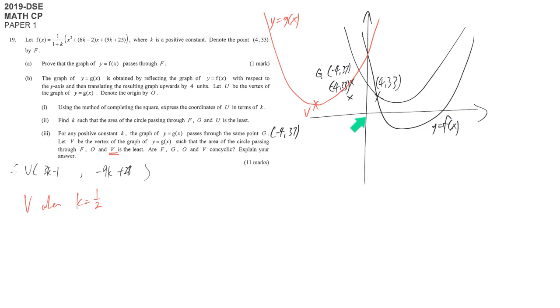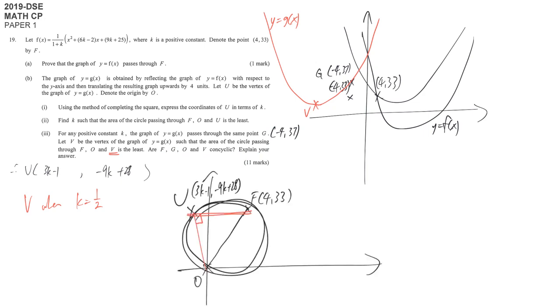So you have O, you have this point, and also you have V. Your key point is to find out G. If you include G also, is it concyclic? If we use the previous figure, they ask us that we already know a point G, (-4, 37). Is G here, or here, or here?